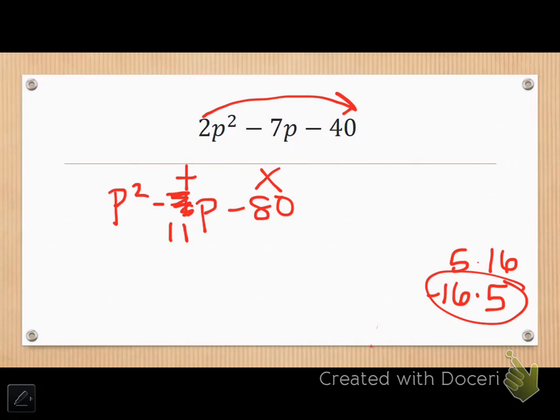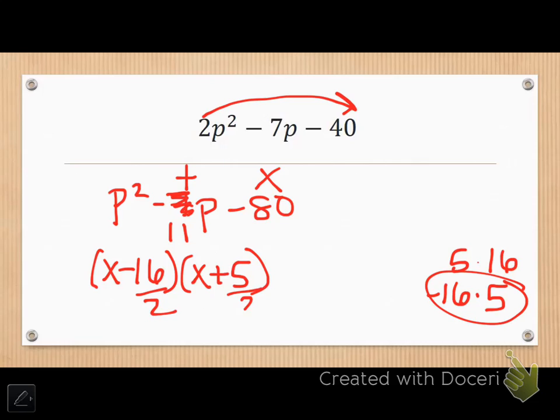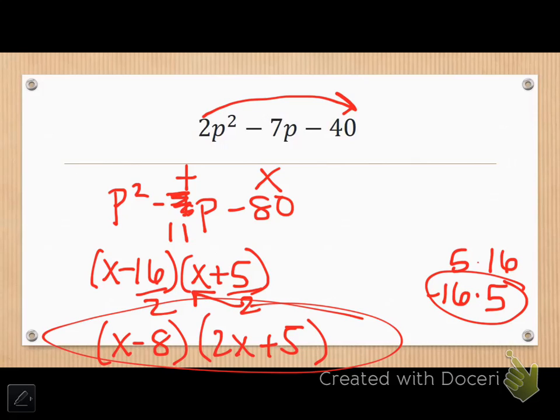So pretend that that was supposed to say negative 11. So I'd have x minus 16, x plus 5. And then I sent a 2, so I need to divide both by 2. So x minus 8, bottoms up, 2x plus 5. So there's my answer. So I apologize for messing that up. It should have been an 11.